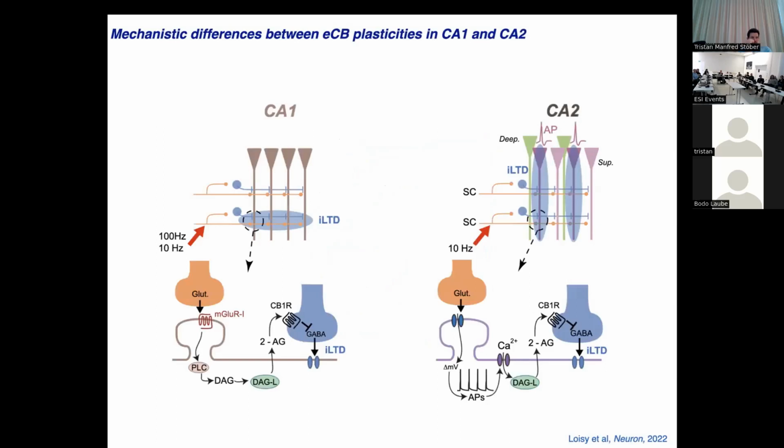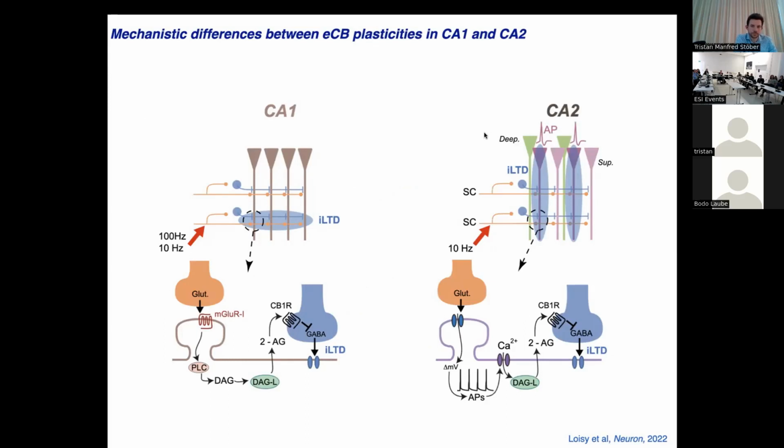I'm not going to have time to go through the details of how this was figured out. But Vivian Chevaleyre had already demonstrated during his postdoc that endocannabinoid signaling in CA1 is a very different beast. You can activate it with metabotropic glutamate receptors. It's very localized. You can have a whole series of inputs that undergo plasticity, but it's not really dependent on the cell.